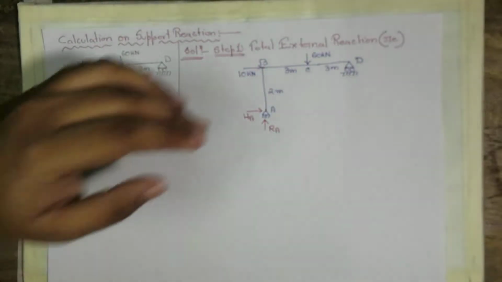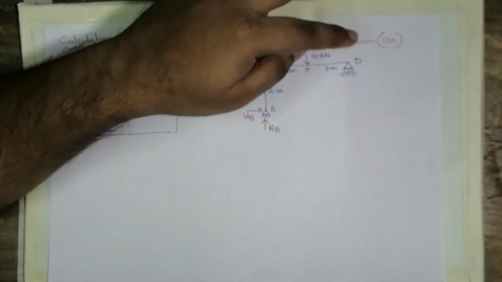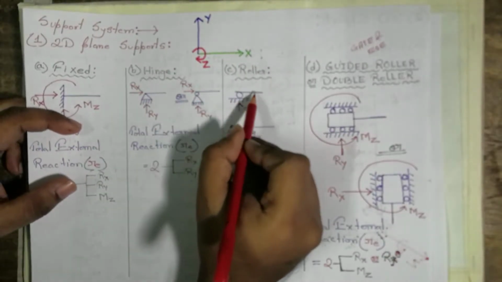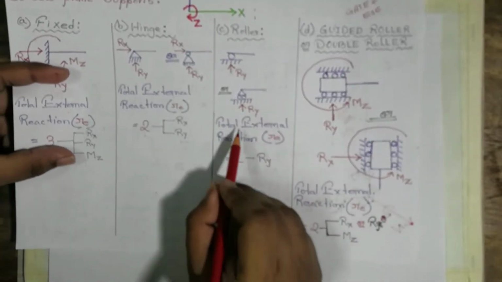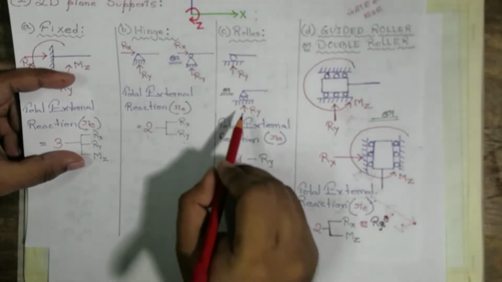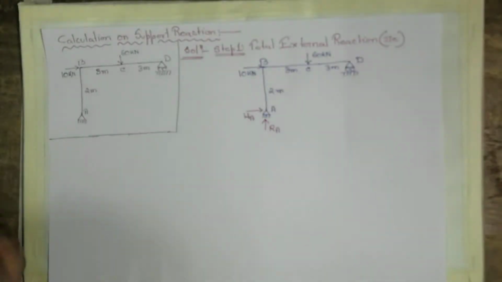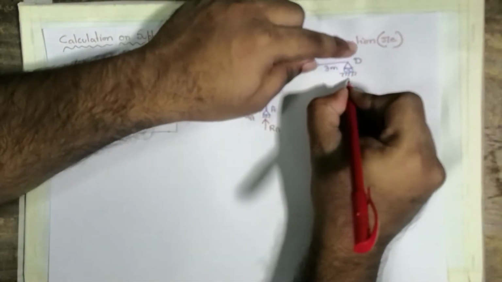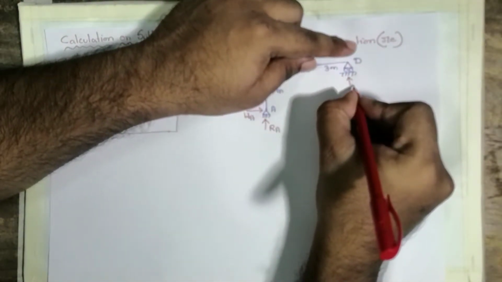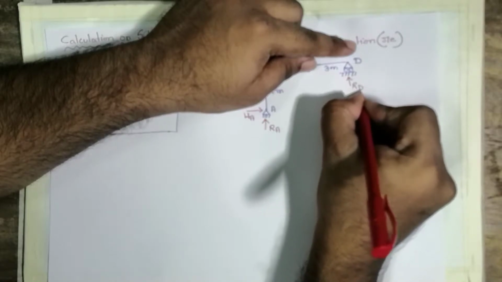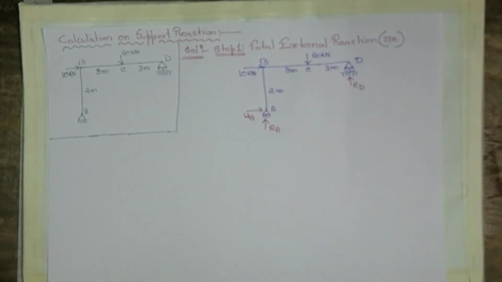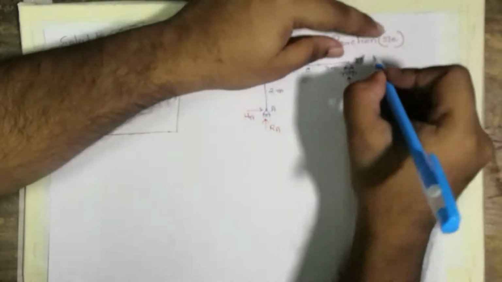HA is the horizontal reaction and RA is the vertical reaction at point A. Now for point D. Point D is a roller support, right? So there will be only one vertical reaction. There will be only one vertical reaction acting upward. In this case, we are going to consider the direction upward and RD, which is the vertical reaction acting at point D.